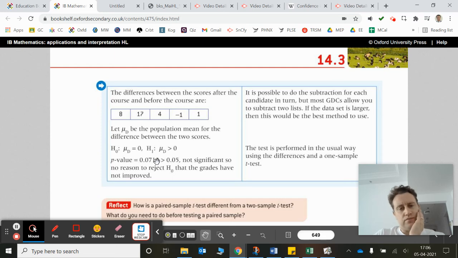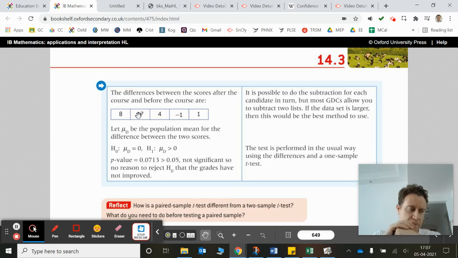So in fact, it's saying here that that's not significant. That's not come under 5%. So even though we have 8, 17, and 4, so especially the 17 there, and 4 out of 5 people had results which were better this time round, there's not enough information there to say that this is statistically significant. We would perhaps need a larger sample size.